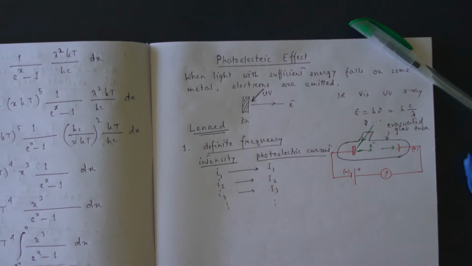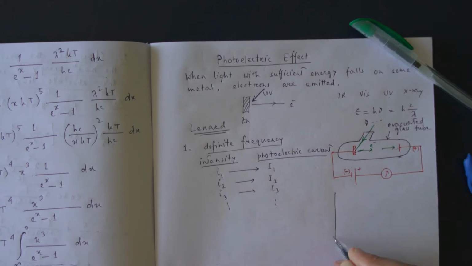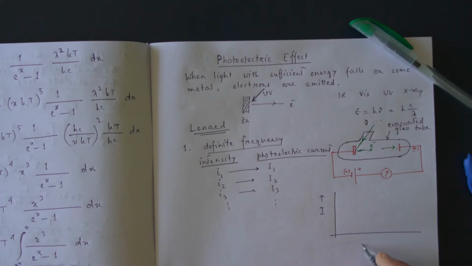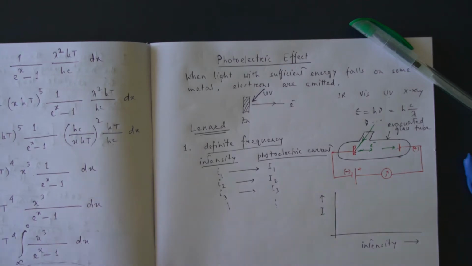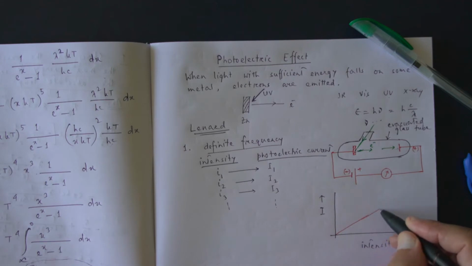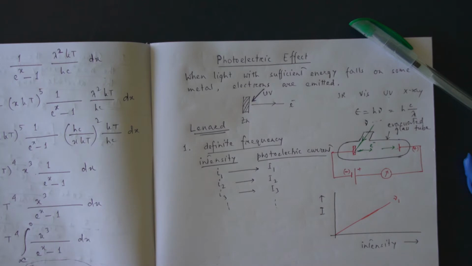Then he plotted photoelectric current versus intensity, and he obtained a graph like this. This is the graph at frequency say nu1.